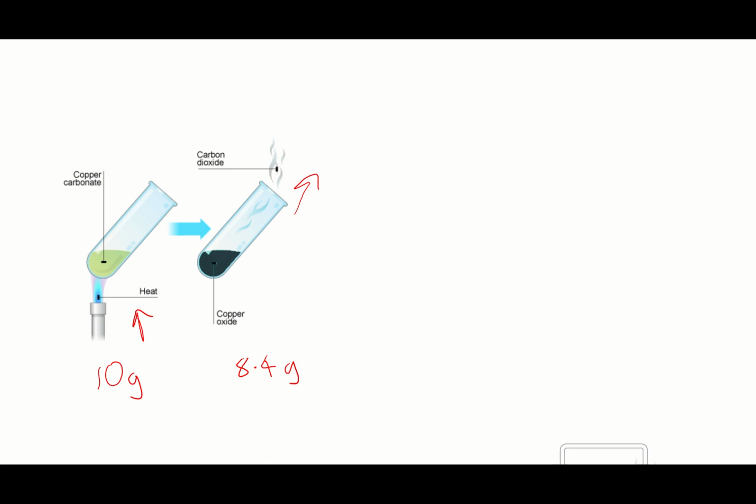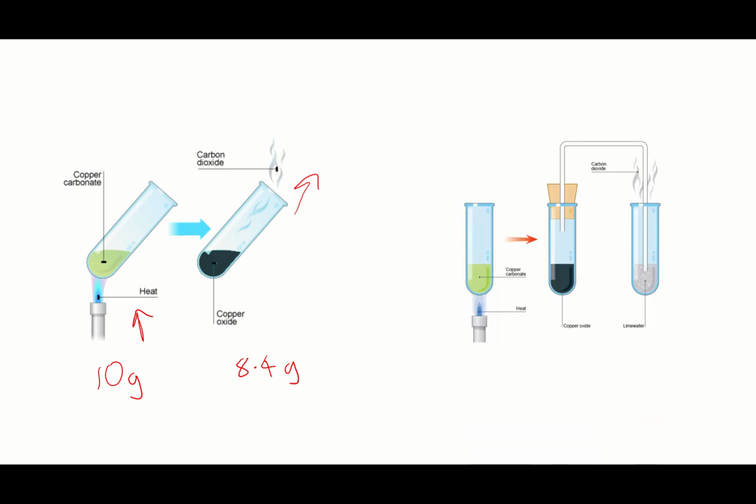So let's look at another scenario where we're doing the same thing, but this time we've sealed the system here and we are collecting the actual gas. The gas is going up this column and into our lime water. The lime water is turning cloudy, and this is evidence that carbon dioxide is produced.